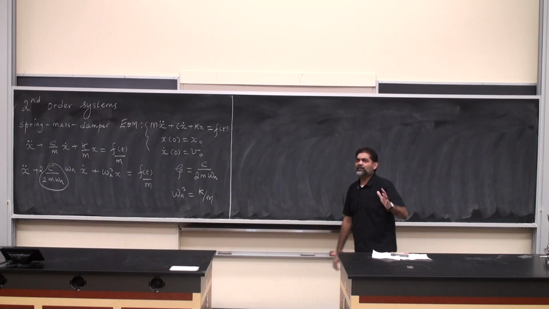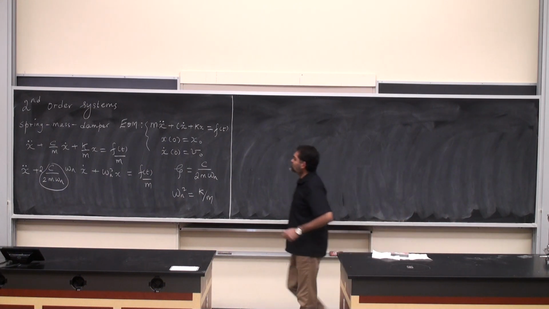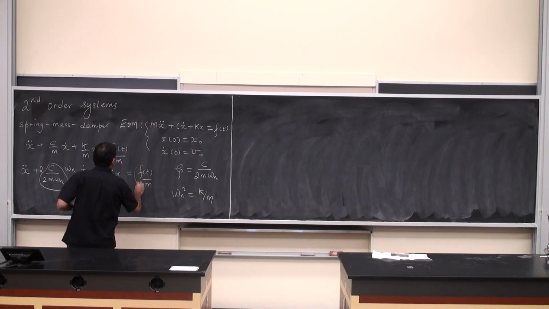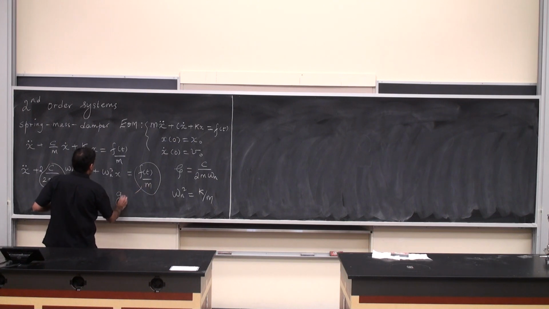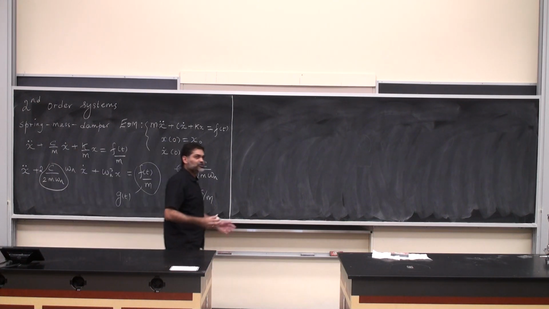Omega n square is k by m, and so I have a standard representation of a second order system. This f of t divided by m is just a function of time. Just call it some g of t. Who cares? It does not really matter.